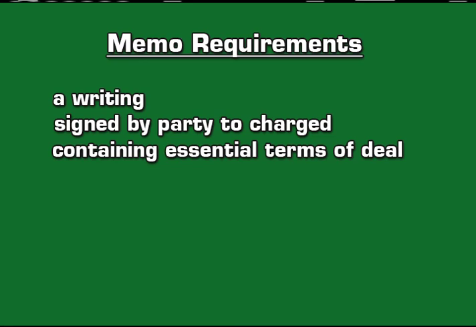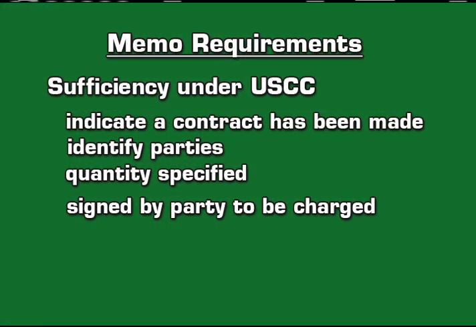First off, you need a writing signed by the party to be charged containing the essential terms of the deal. If it is a contract for the sale of goods under the UCC, you need to indicate a contract has been made, identify the parties to the contract, specify the quantity, because it's not going to be enforceable beyond the quantity stated.